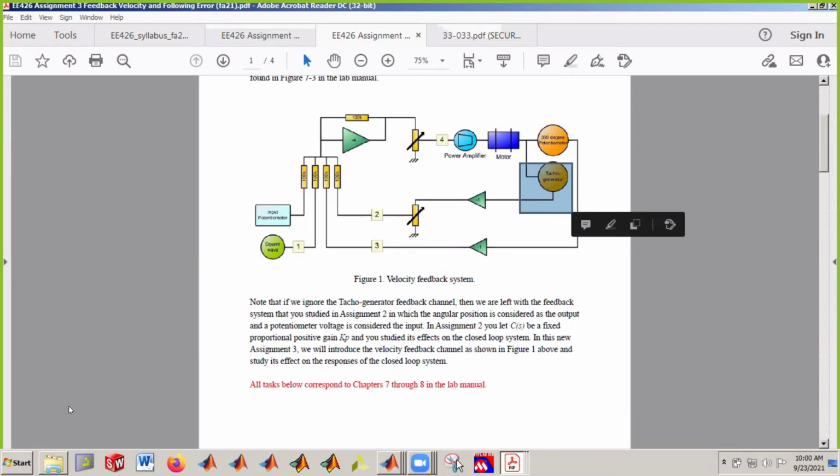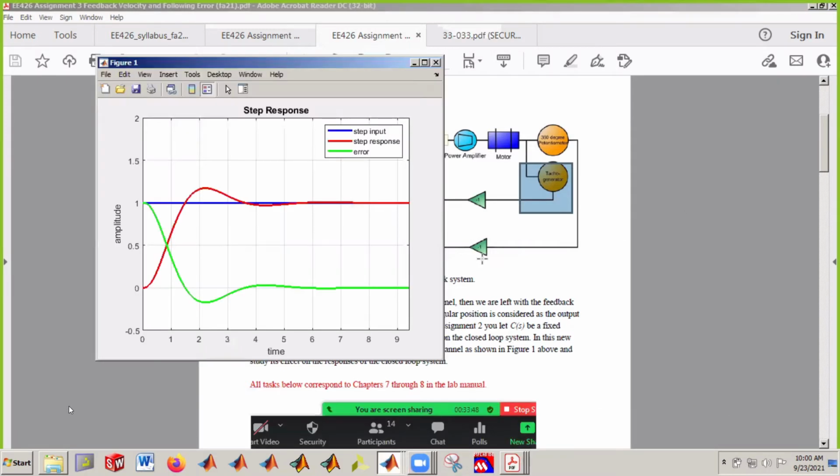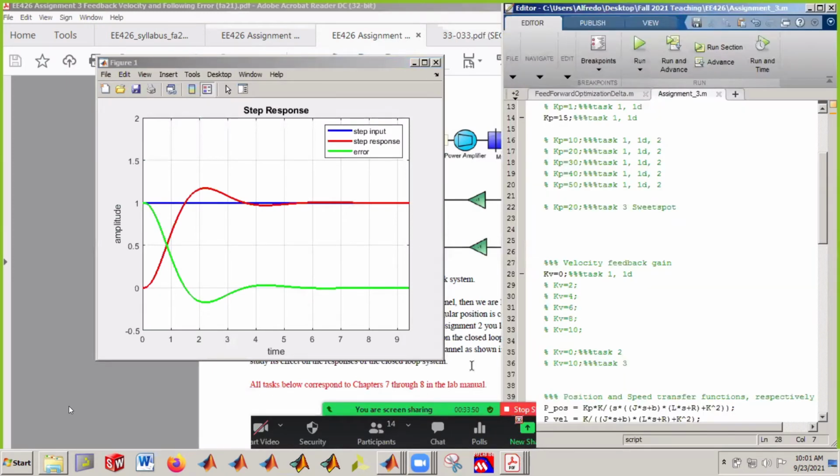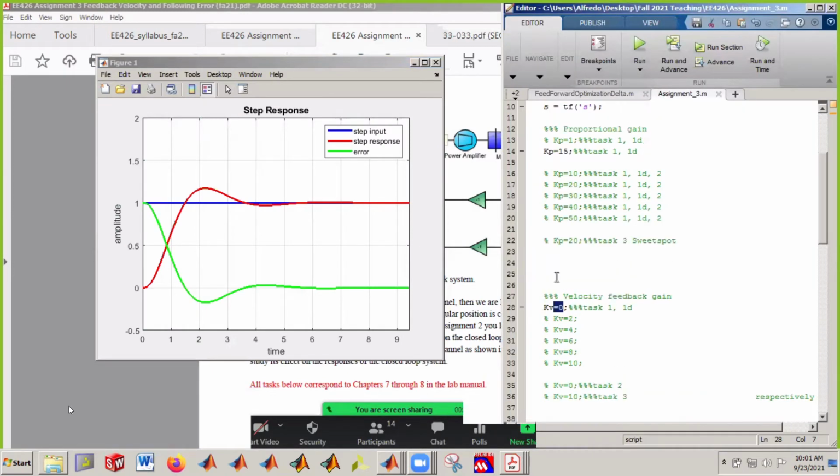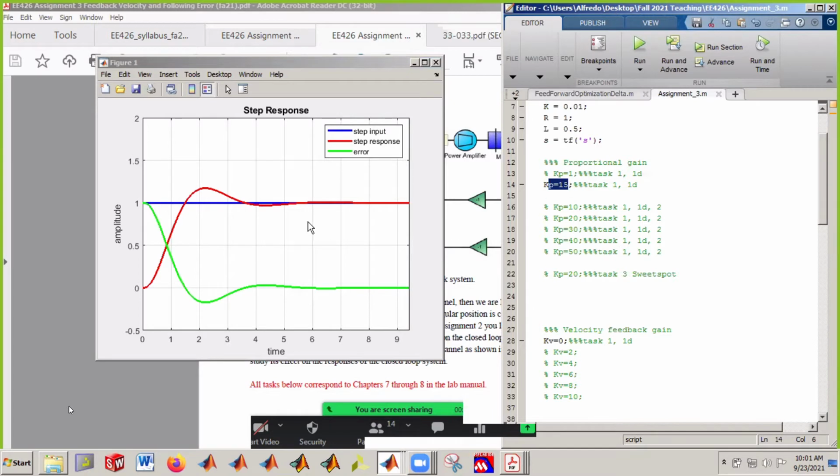In this particular case, when KV equals 0, that means no velocity feedback, and KP is equal to 15. You can see that at this first alignment time, the motor reaches this position, but it overshoots it. That just means that the velocity of the motor at this particular point is just too high. Because of the inertia, it cannot stop instantaneously.